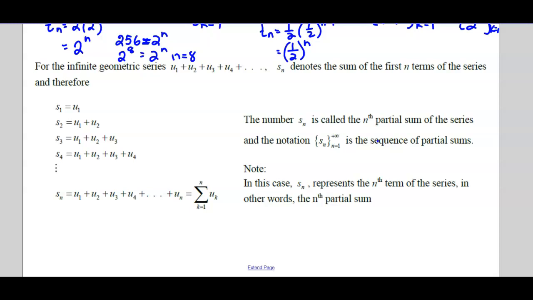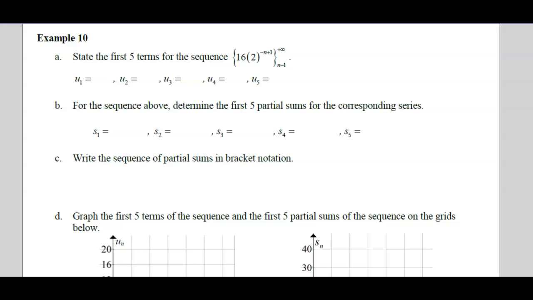So example 10 gives you, so it says we've got a sequence. So you know that is the notation for a sequence. So now find the first 5 terms of that sequence. Then find the first 5 sums. Just manually.